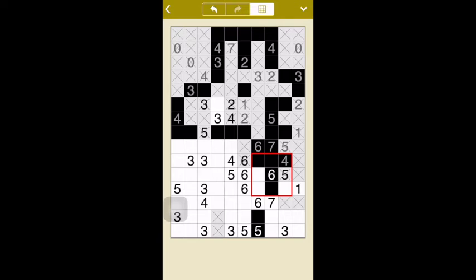I need to get one more black space. So looking at the 6, right, the 3 empty spaces, I could have only one black space, right? And now looking at the 7, I have 2 black spaces. So I need to find 5 more black spaces from the 6 empty spaces, right?